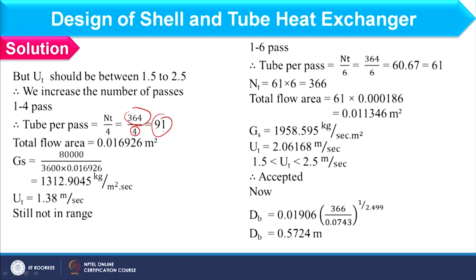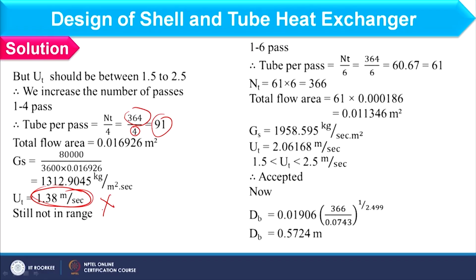So 91 tubes can be allocated to one pass of the tube. Considering this, we can find the velocity of water as 1.38 meter per second. However, it is still not in range, because the range varies from 1.5 to 2.5 meter per second.